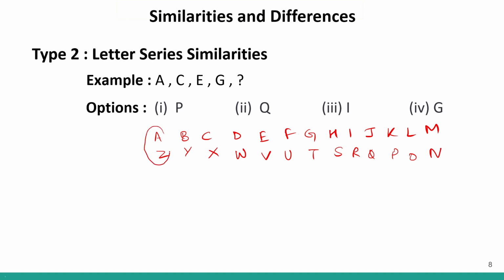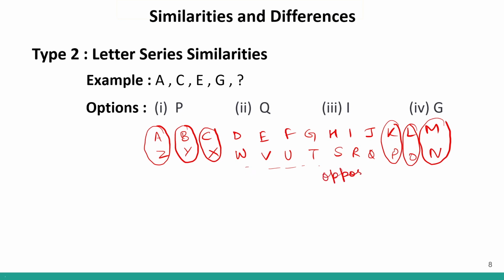That means A is opposite to Z, B is opposite to Y, C is opposite to X, and so on. K is opposite to P, L is opposite to O, and M is opposite to N.